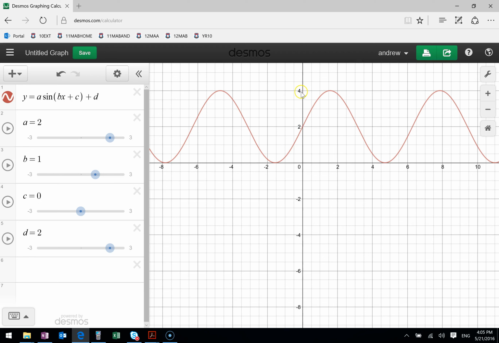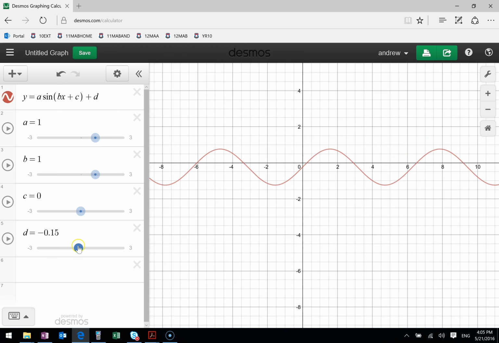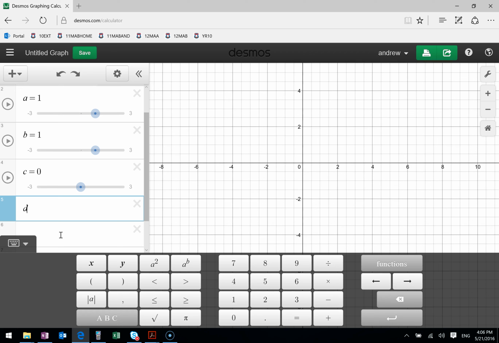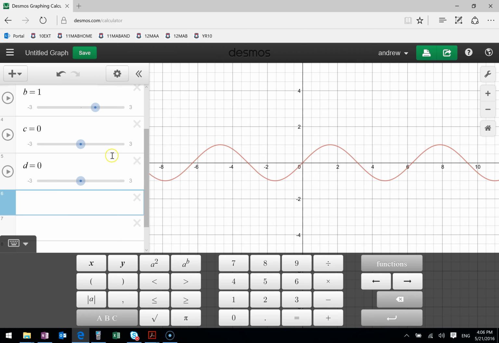So add the amplitude to get the maximum, subtract the amplitude to get the minimum. I'll go back to our base function.